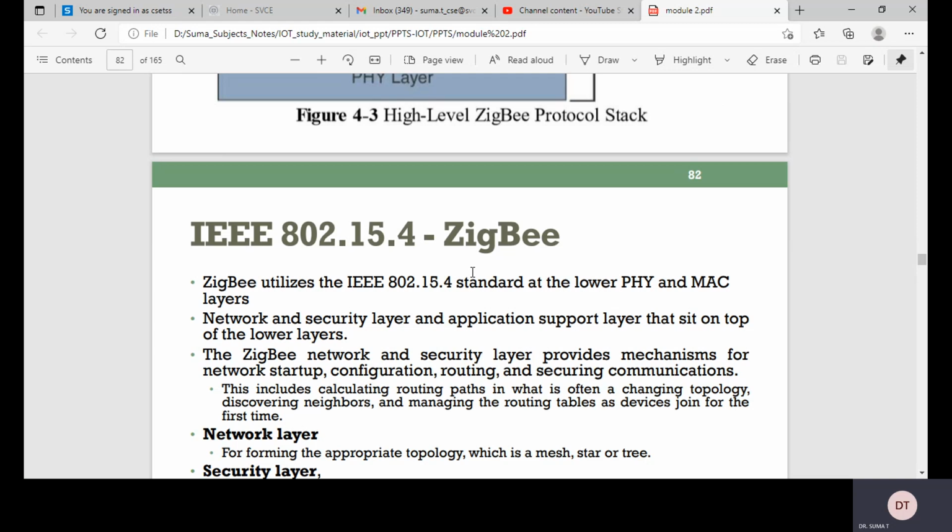ZigBee is based on the idea of the ZigBee-style network in the late 1990s. The first ZigBee specification was ratified in the year 2004, shortly after the release of the IEEE 802.15.4 specification the previous year, in 2003.